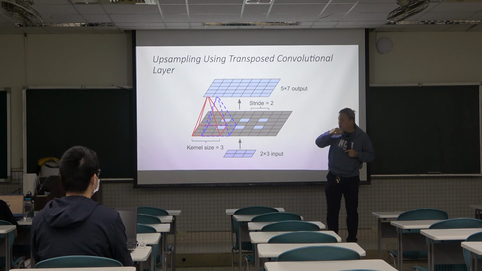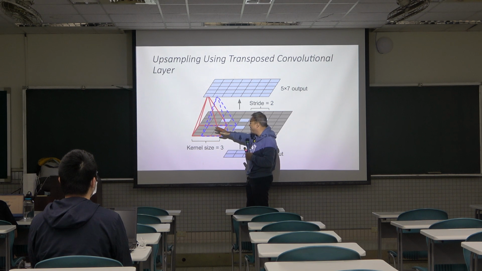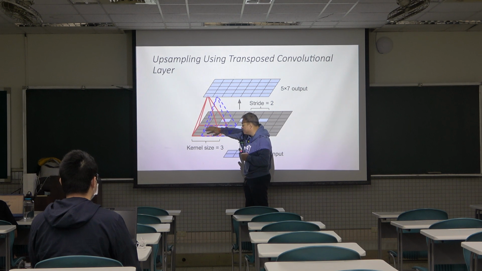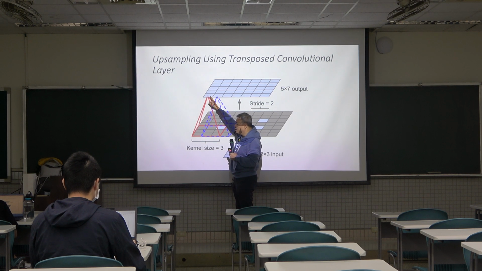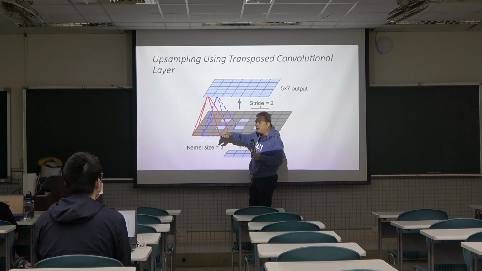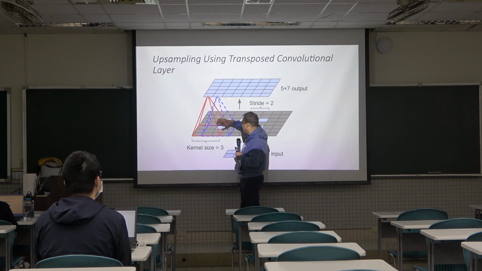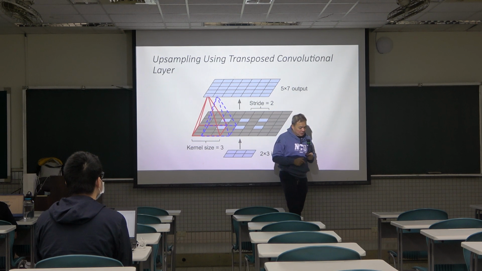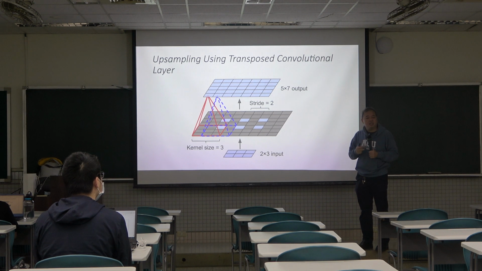So the weights will decide the best way to determine the value in here. Obviously, if it doesn't learn very well, it probably just learns the bilinear interpolation. But if it is able to learn better, then the performance is going to be much better than bilinear interpolation. And the result, yes, is better than bilinear interpolation.